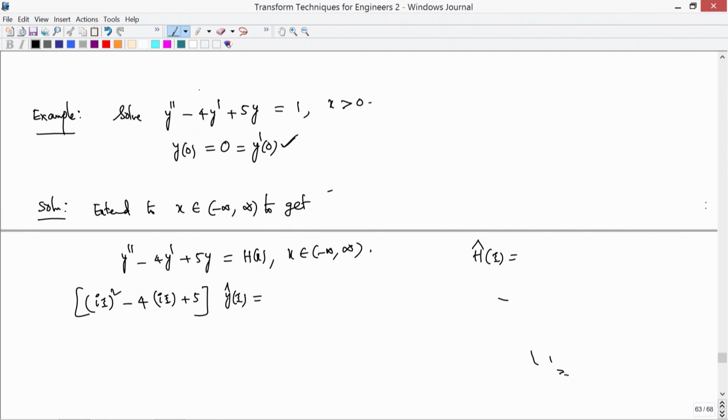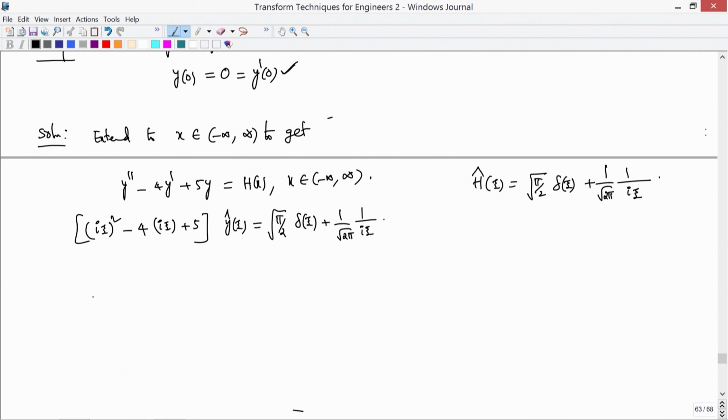That is h cap of xi, we have seen earlier that with our definition what you get is root(pi/2) delta function of xi plus 1 by root(2 pi) times 1 over i xi. So, this is your Fourier transform.